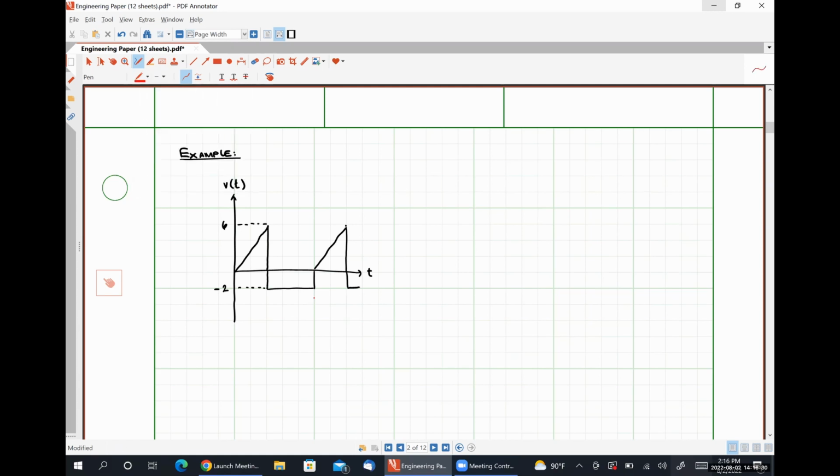The period of this voltage waveform would be the amount of time it takes for the cycle to repeat itself, like so. And so let's give us some time indication here. So let's call this 2 seconds. Let's call this 5, 7, 7.